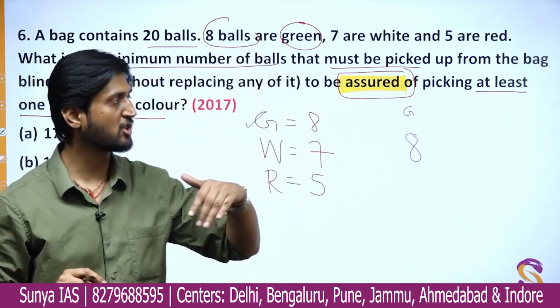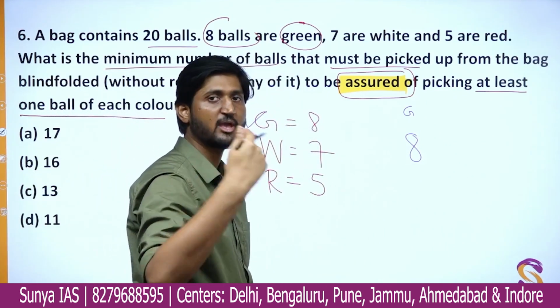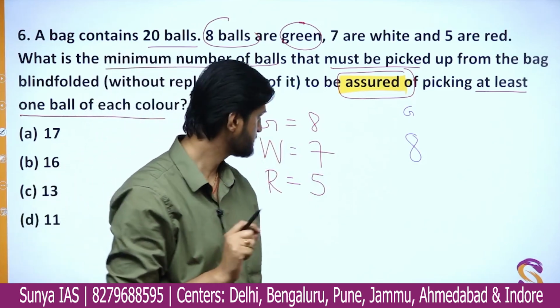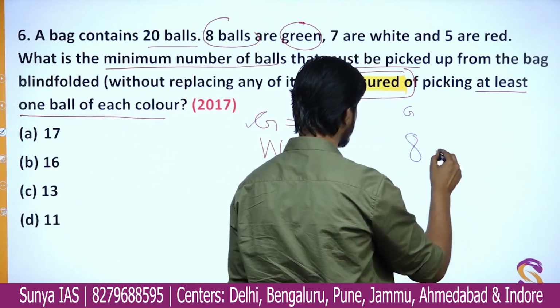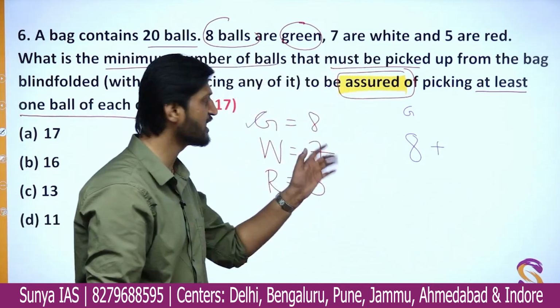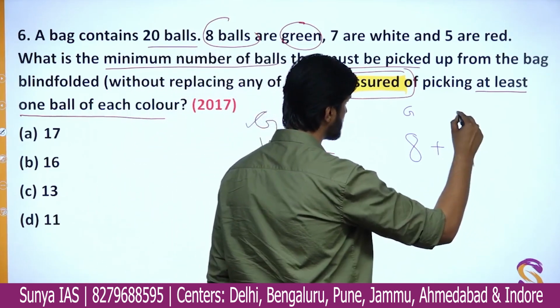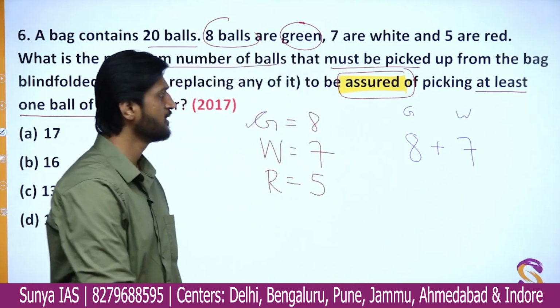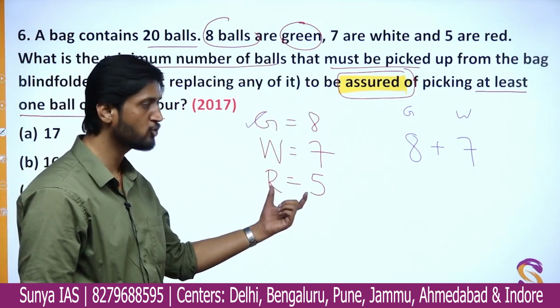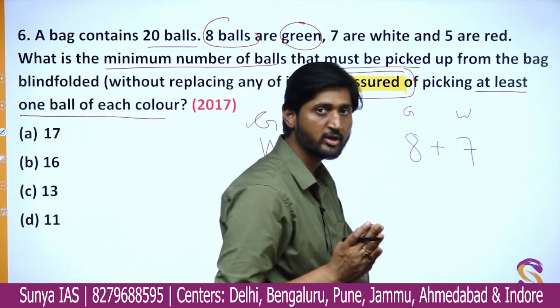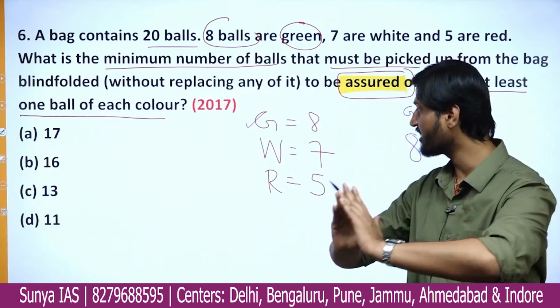Now let us talk about the white ones. So now I started picking white ones next. So I should be assured that I have picked all the white ones. Okay. So for that also we have the case of 7. Just add 7. Right. So before starting to pick the red balls, you must be assured that okay, all the other balls I must have picked.